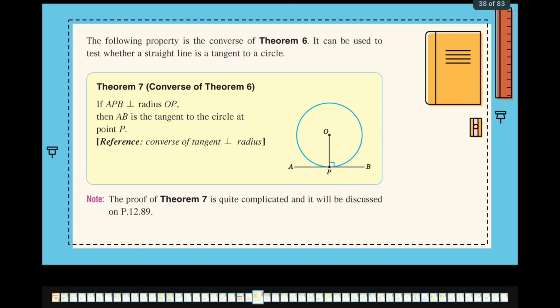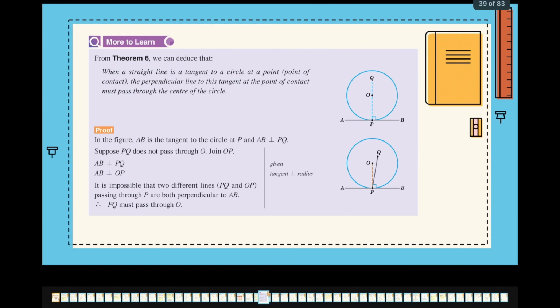If we want to test whether a straight line is a tangent to the circle or not, we can use the converse of tangent perpendicular to radius. So if you find that APB is perpendicular to the radius OP, then you can say that AB is the tangent to the circle at point P.